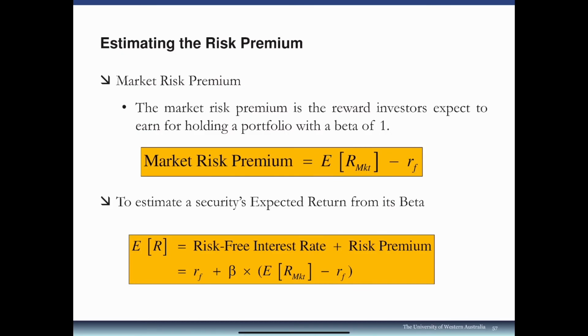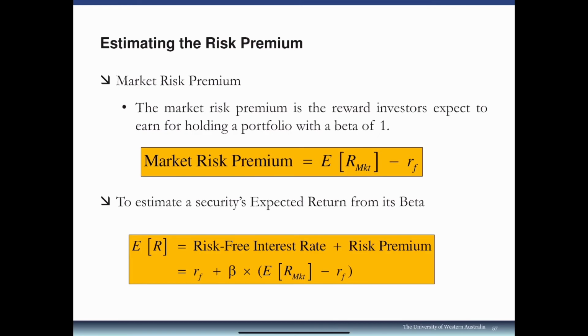And if you're holding a portfolio that co-moves with the market portfolio 100%, that portfolio would have a beta of 1 because you move exactly the same. And if you have a beta of 1.5, that just means for every 1% movement in the market, you have about 1.5 times that.